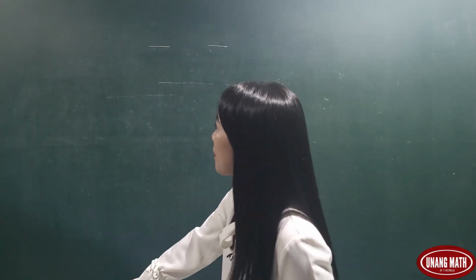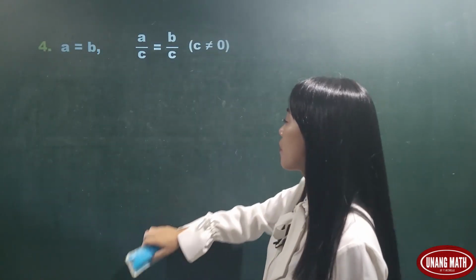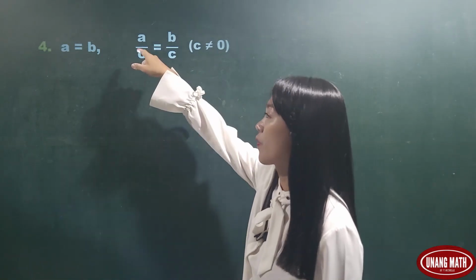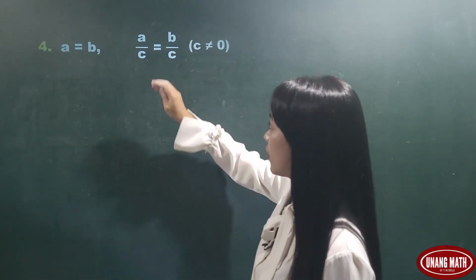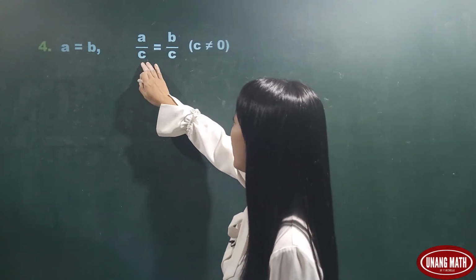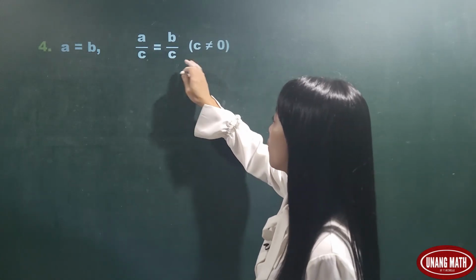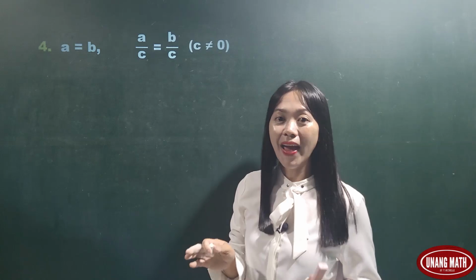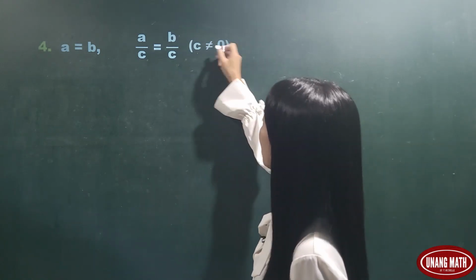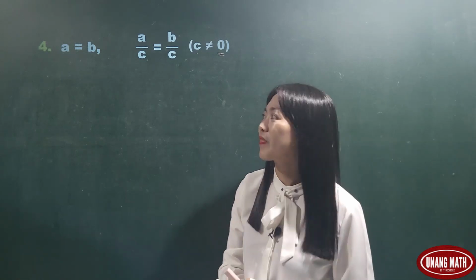Okay, the last property of equality states that if A is equal to B, A over C is equal to B over C. So it means if we divide by C on the left side of the equation, we have to do it also on the right side of the equation, provided that C must not be equal to 0.